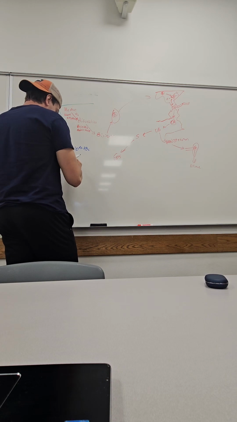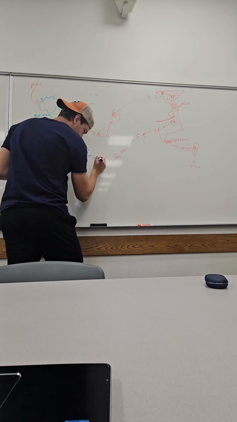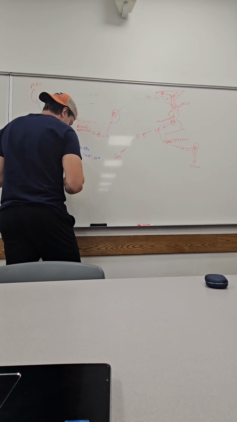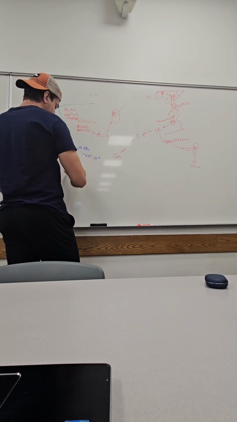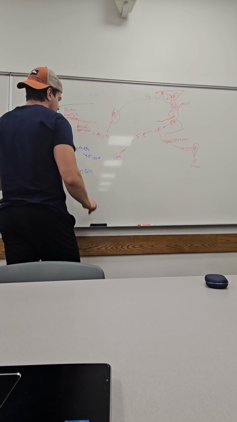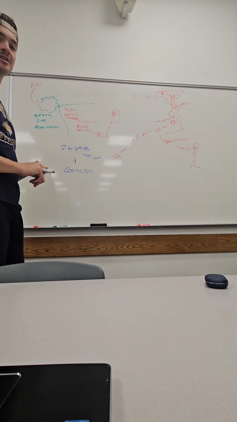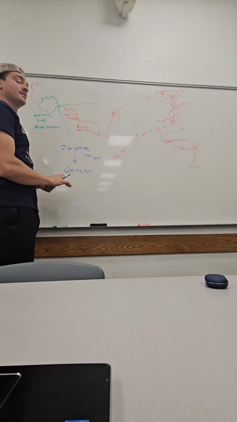That means we multiply that by how many heme groups we have per red blood cell, which is like 2.5 times 10 to the 8. That means we'll have 500 trillion heme groups that we have to break down every second. That's bonkers. Okay, so this is how it happens.